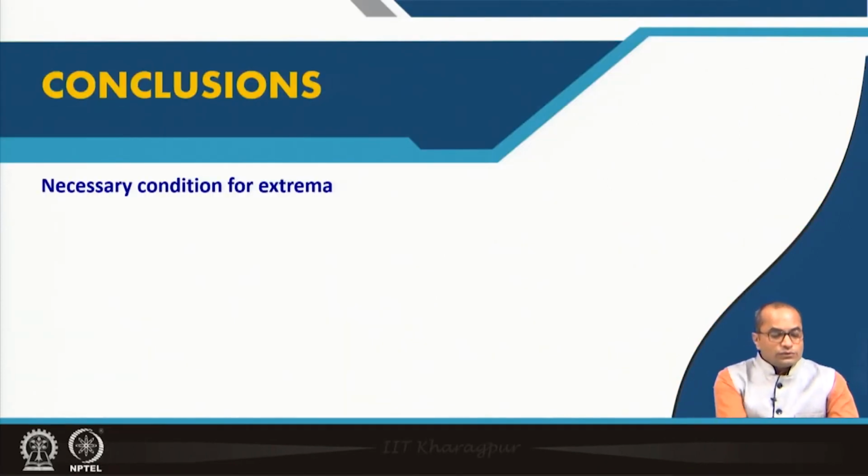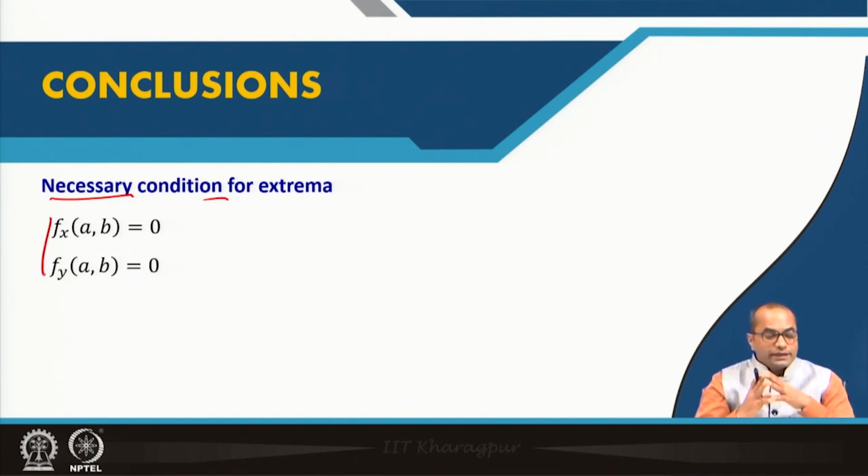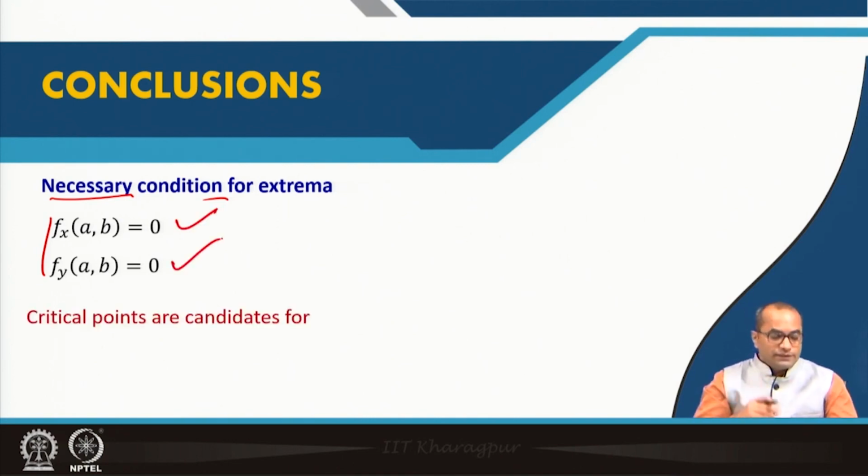Well, just to conclude, in this lecture we have learned these necessary conditions for extremum. By setting these two derivatives to 0, we will get all the critical points, and these are basically the necessary conditions for extremum. So, if a point (a, b) is a point of extremum, then f_x must be 0 and f_y must be 0 at that point.